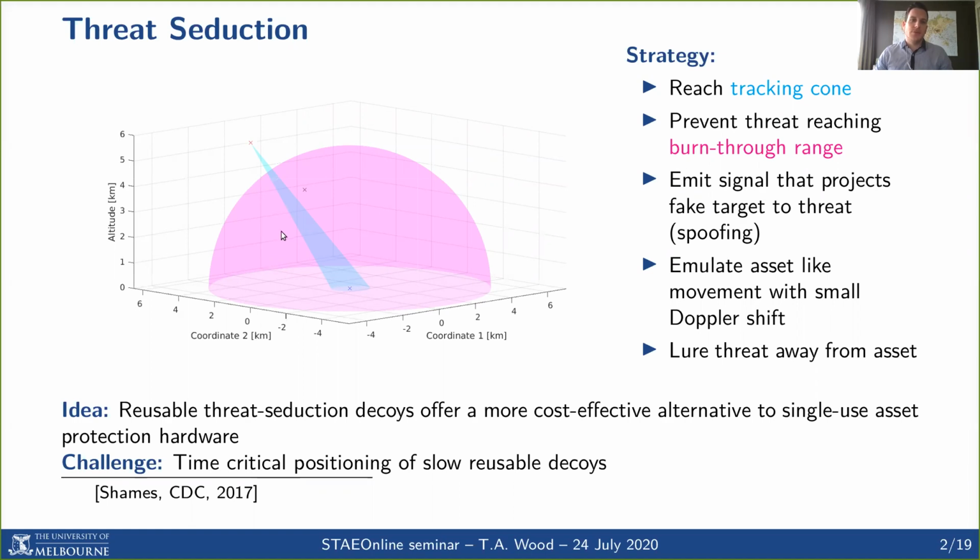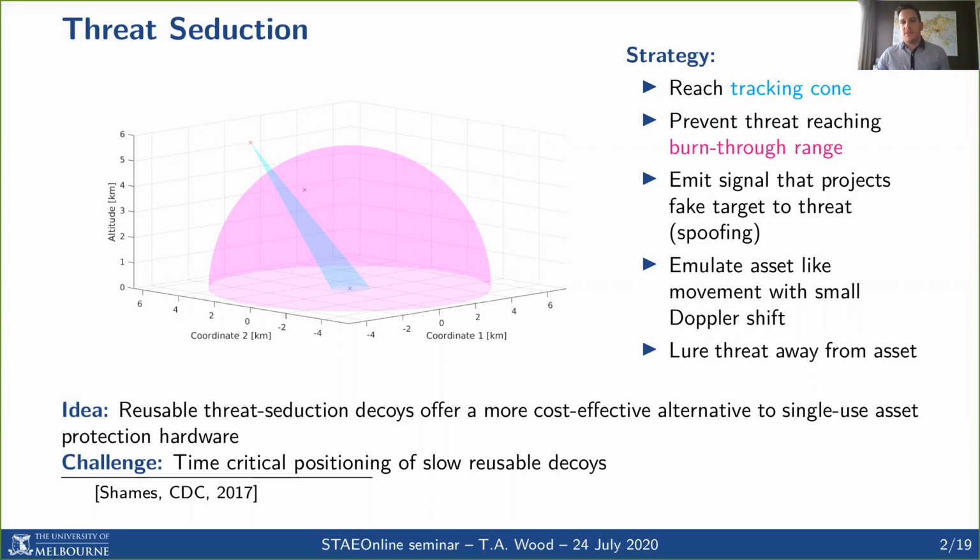This is called jamming, interfering with the radar of the threat, or spoofing, in that we are projecting a false target. Once the decoy is in such a state that it can project a false target to the threat, the decoy then moves away from the asset in an attempt to lure the threat away from the asset.